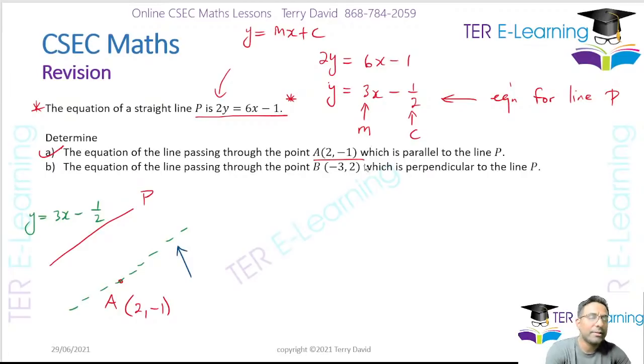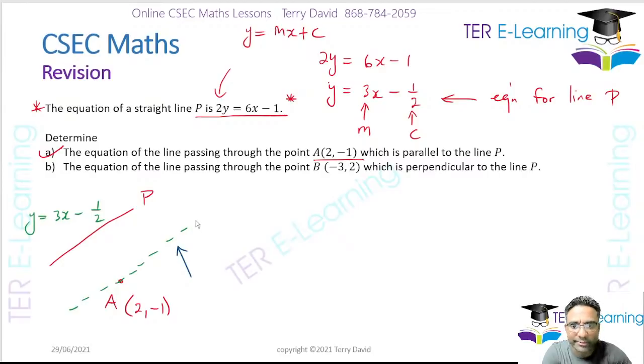Here's what's happening. You all need to remember that parallel lines have the same gradient. That's something you need to know. Let's give this green line a name.